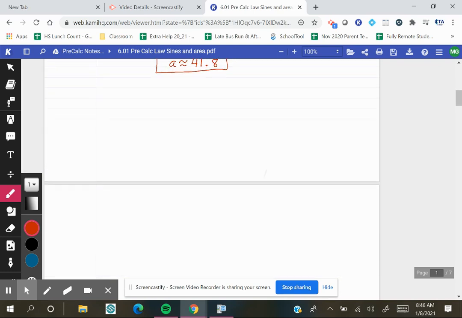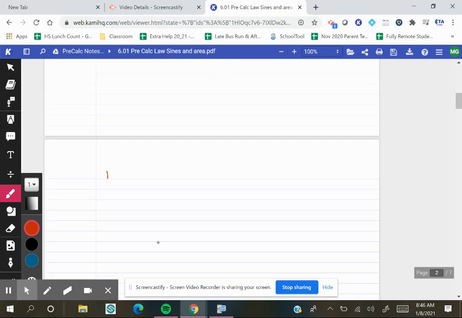Now, law of sines can get harder with what we call the ambiguous case. And the ambiguous case occurs when you know two sides and an angle that's not included between them. That's your donkey theorem from geometry.